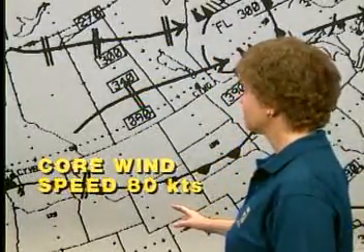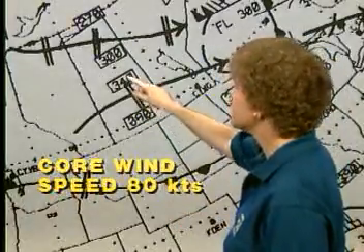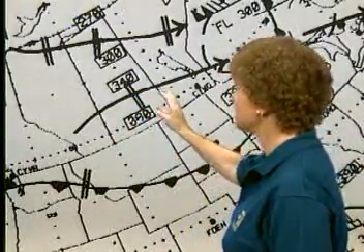The beginning of the line indicates where the core wind speed is forecast to reach 80 knots. Now, these double hatch marks tell you that the jet stream is forecast to increase or decrease speed there by 20 knots. If you have closely spaced speed changes, you'll probably have a wind shear and a rough ride.